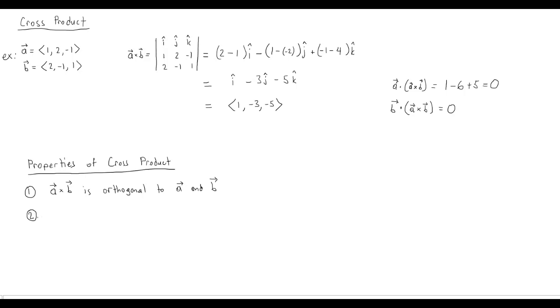I'll mention a couple other properties. So the magnitude of the cross product is equal to the magnitude of A times the magnitude of B, and times the sine of the angle between the two vectors.